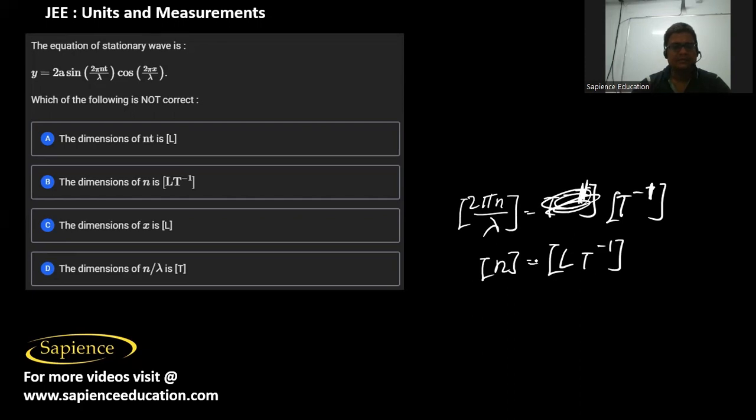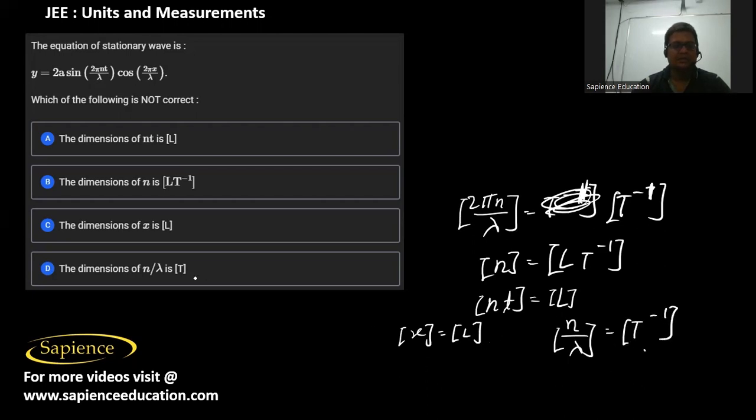And the dimension for nt should be equal to L, obviously. And the dimension of x should be equal to length. And the dimension of n/λ should be equal to t power minus 1. So option D is the wrong statement. So option D is the correct answer.